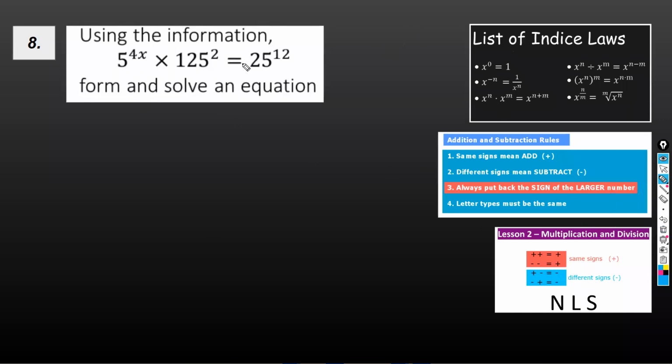So let's see what's going on with this question. Well, you're seeing a multiply sign here. So it's going to have something to do with this rule here, a multiply. And when it's a multiply, it's okay to add the powers. Now, there are two things wrong with this question.